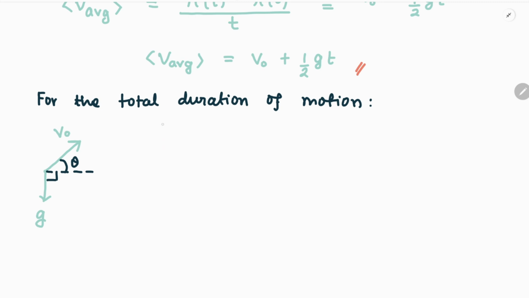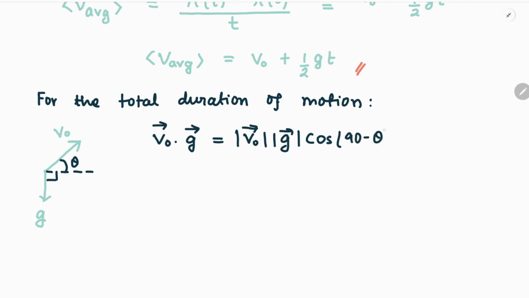If we use the dot product, we can write v0 dot g equals magnitude of v0 times magnitude of g times cos of 90 plus theta, which is the angle between the v0 and g vectors. Cos of 90 plus theta can be written as minus sine theta, so sine theta equals minus v0 dot g divided by magnitude of v0 times magnitude of g.